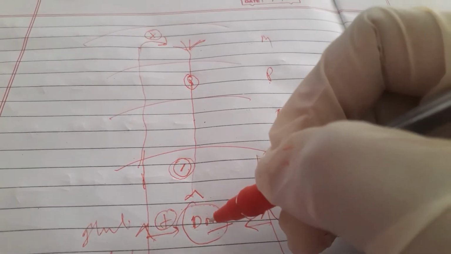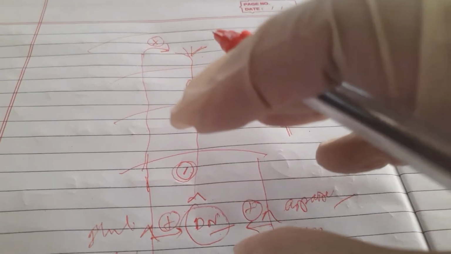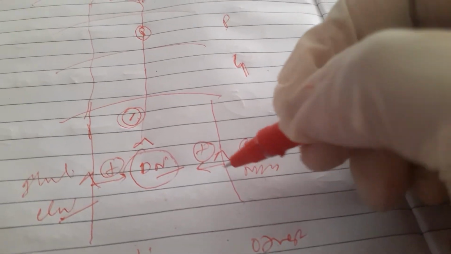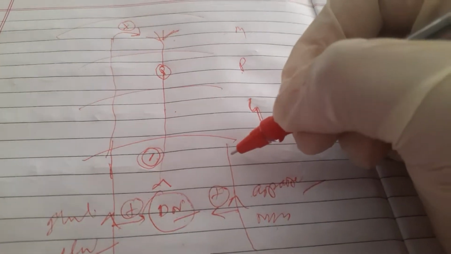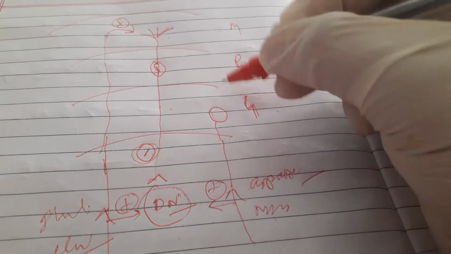So directly it excites, indirectly it inhibits. Okay, so it has got self-control. Now the mossy fiber, what it does: it first says hello to the deep nuclei, then goes up to the granular layer. Here is the granular cell layer, so the granule cells lie here.